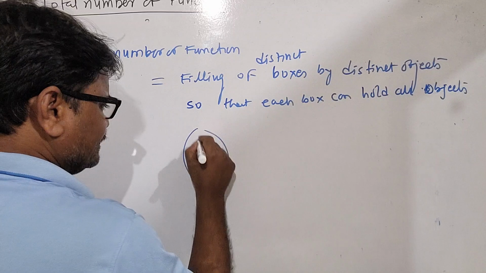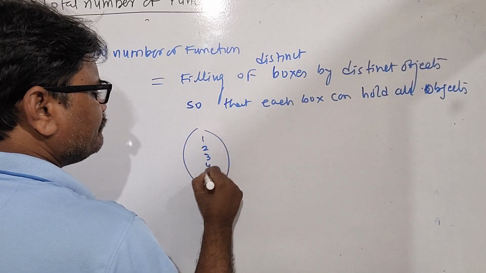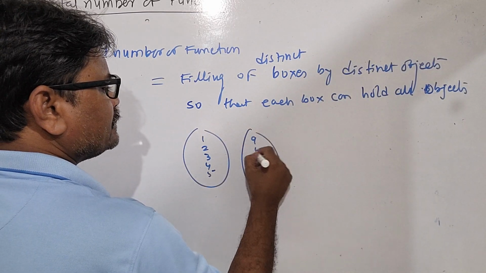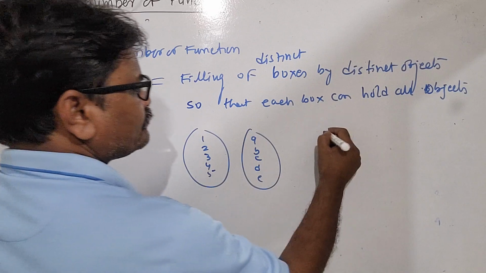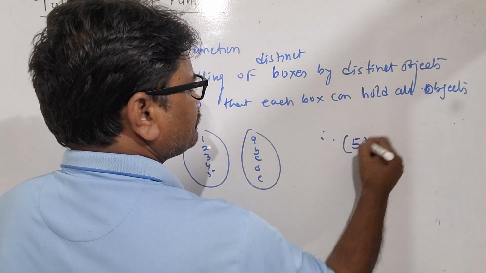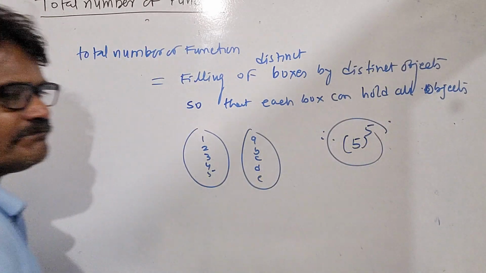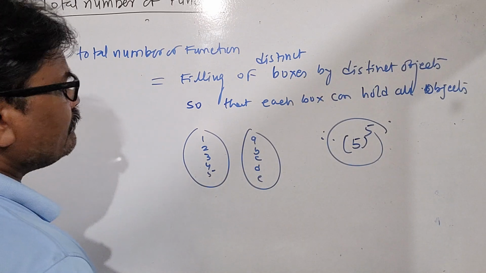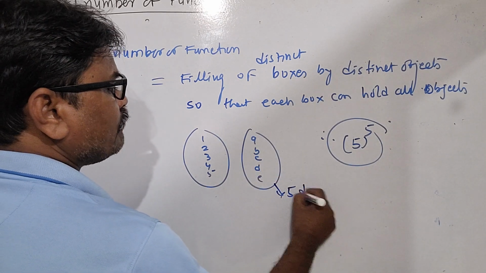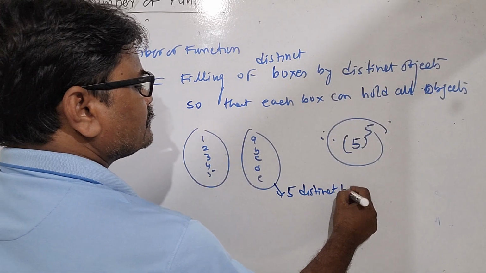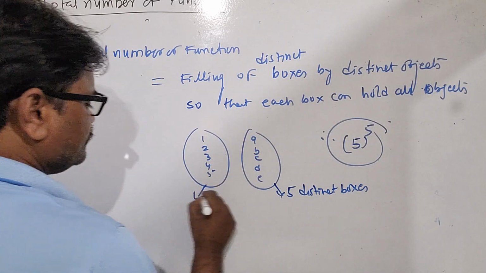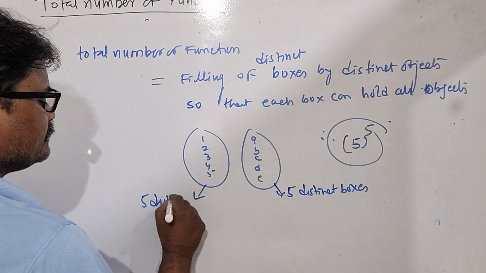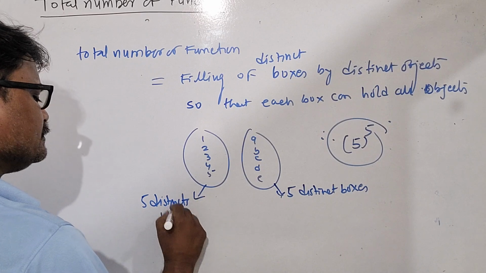So see here 1, 2, 3, 4 and 5. This is A, B, C, D and E. The total number of functions is 5 to the power 5. This is your answer, correct? 5 to the power 5. And this is equivalent to say the filling of, these are the 5 distinct boxes. These are 5 distinct balls. Okay, distinct balls.